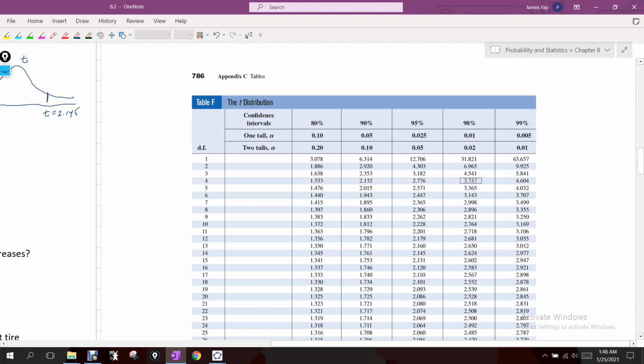That's going to be my t of 0.98, 98%, and it's 3.747. That's obviously the identifier for where the right tail starts.